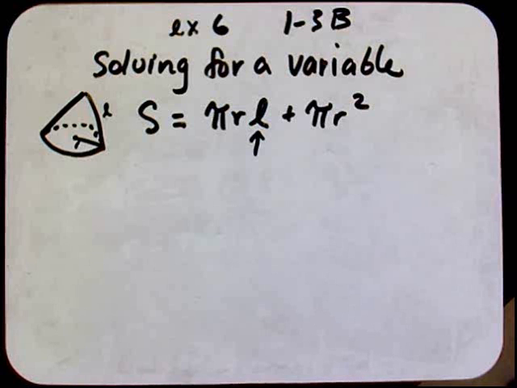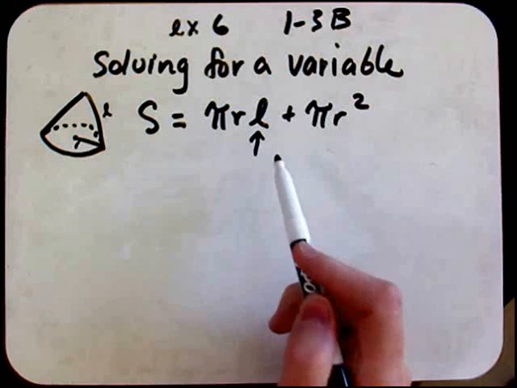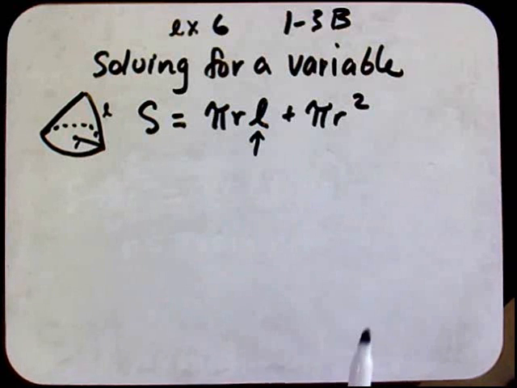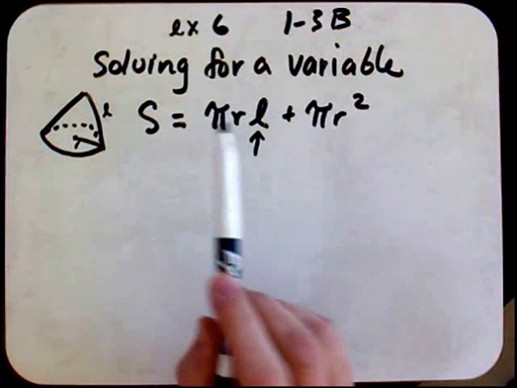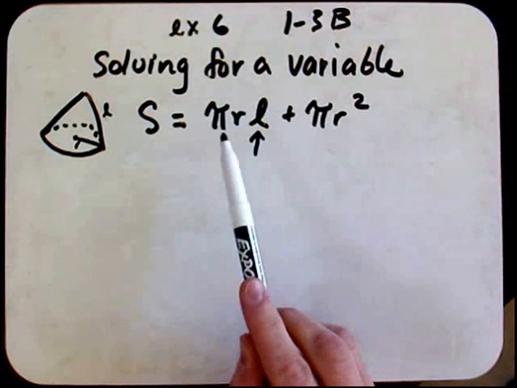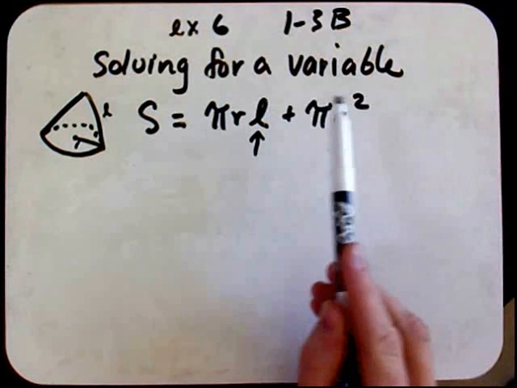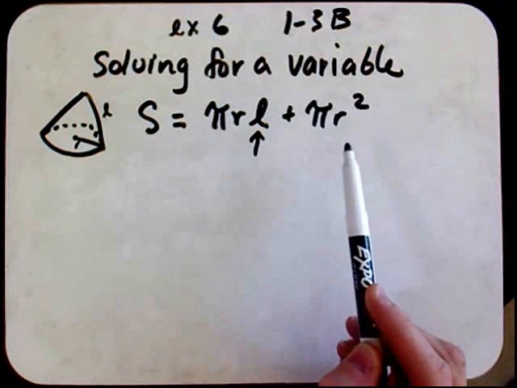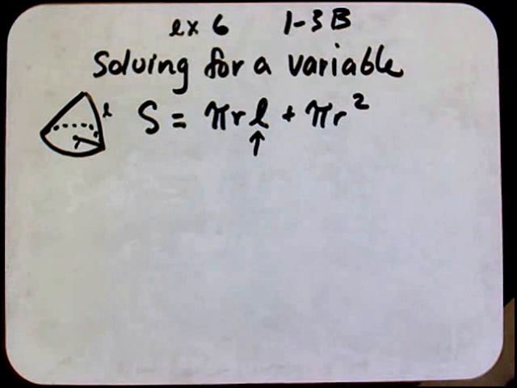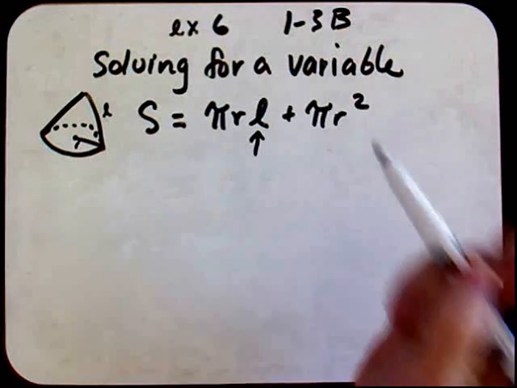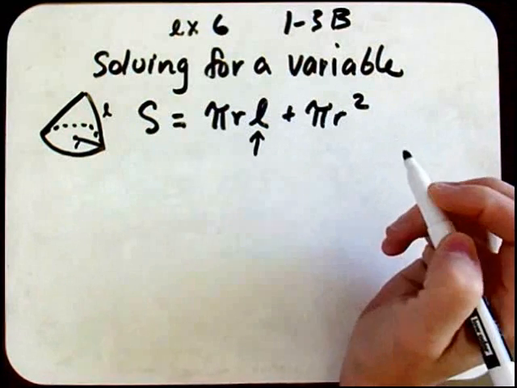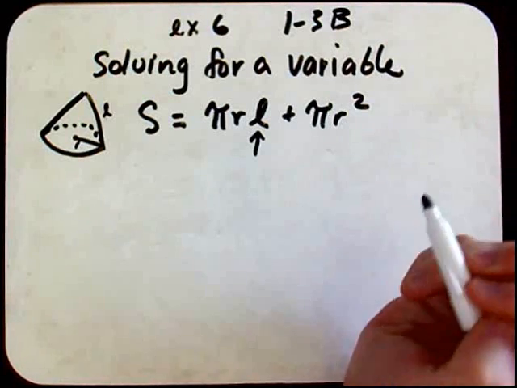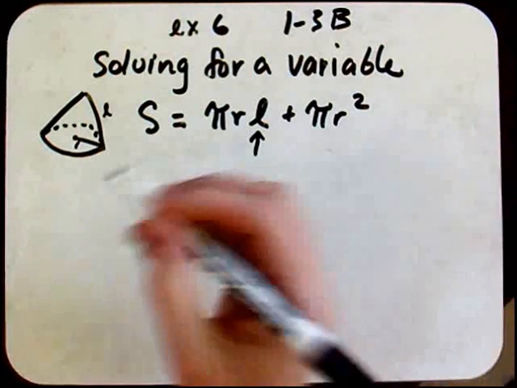Okay, so let's start solving for our slant length, or our variable L. On the left we have S, our surface area, and on the right we have pi RL plus pi R squared. So the first thing we need to do is start getting rid of this pi R squared, move it to the other side to start whittling it down just to our L. Since it's plus pi R squared, we need to subtract that from both sides. What we do to one side, we have to do to the other.